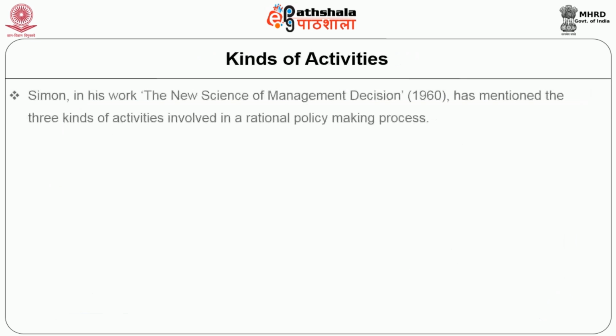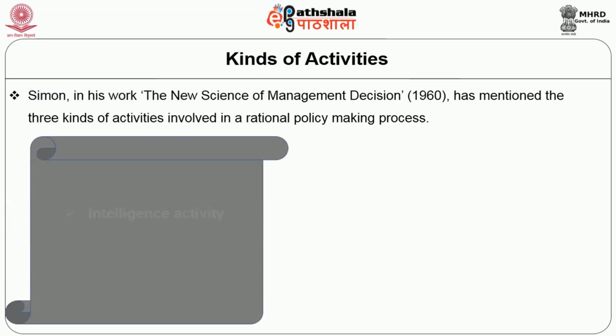Simon, in his work The New Science of Management Decision, earlier in 1960, mentioned the three kinds of activities involved in a rational policy making process. These are intelligence activity, design activity, and choice activity.